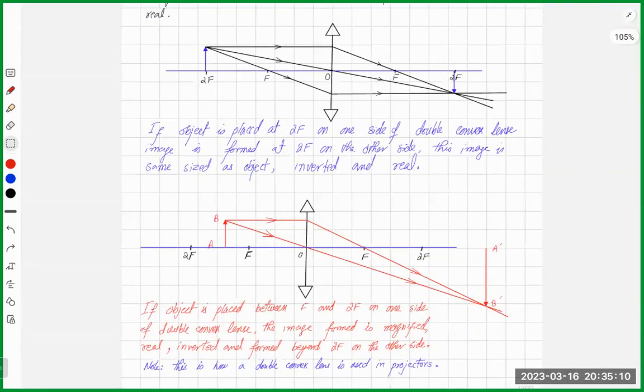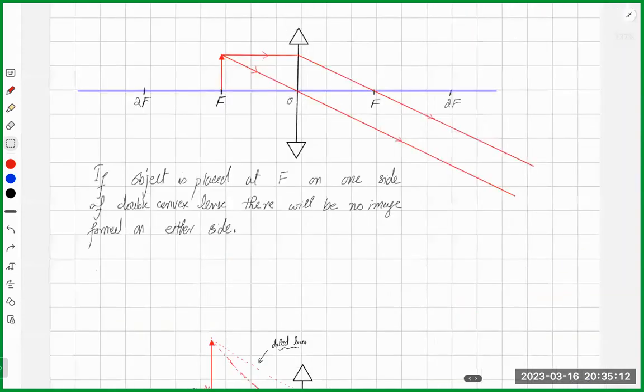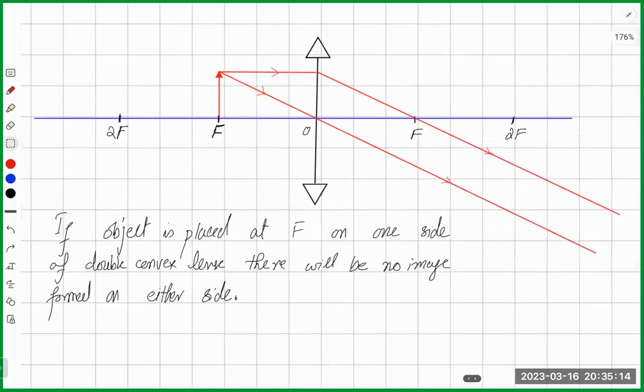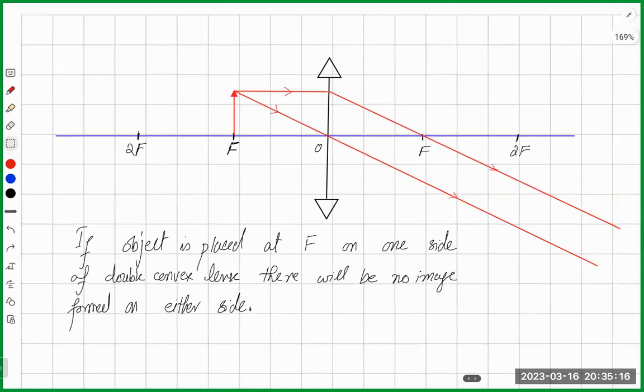So next we put the object at F. When we put the object at F, the light ray that goes parallel to the principal axis bends towards F. The light ray going straight through the optical center passes straight through, and the lines have become parallel to one another.